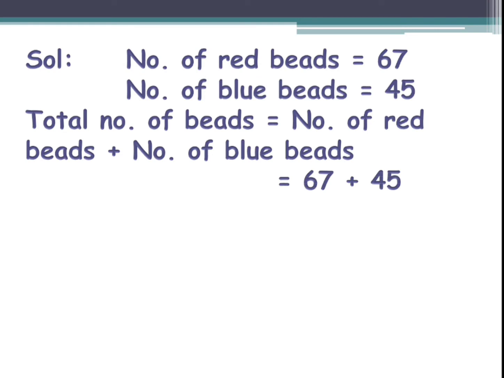Okay, and we are doing it in the column method, isn't it? Let's make tens and ones. 67 is 6 tens and 7 ones. So 6 you will write under T, and 7 under O. Next you have 45, that means 4 tens and 5 ones. 4 under T and 5 under ones. Put the plus symbol.